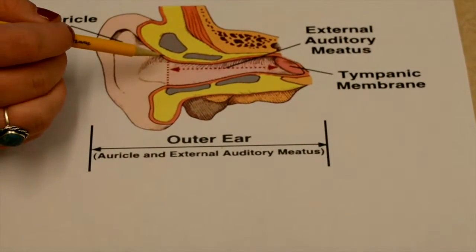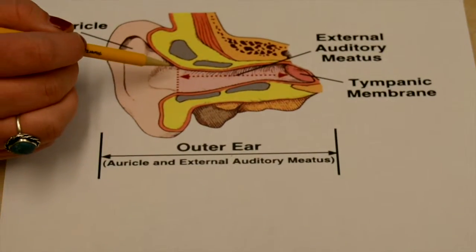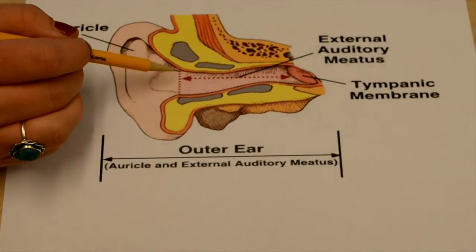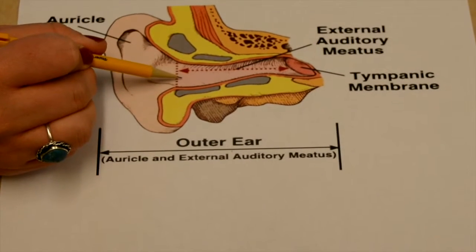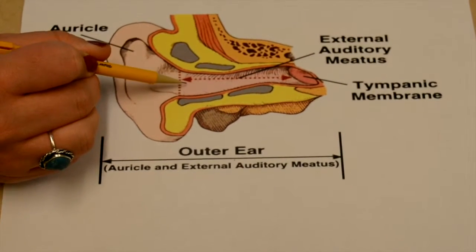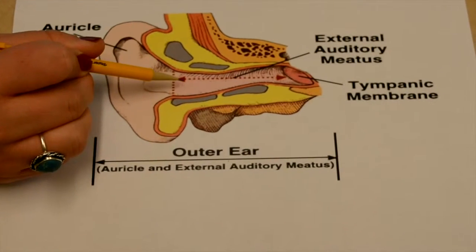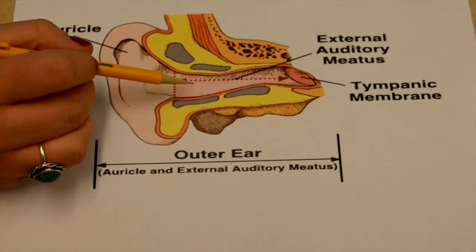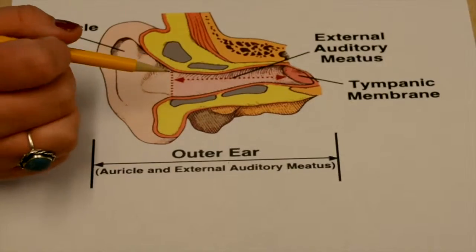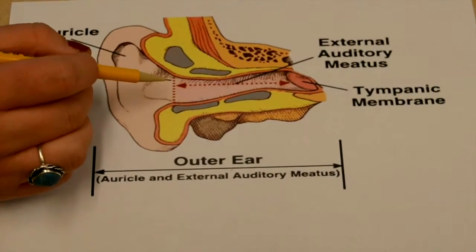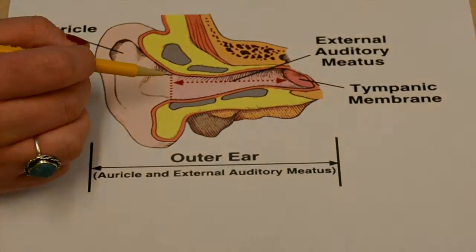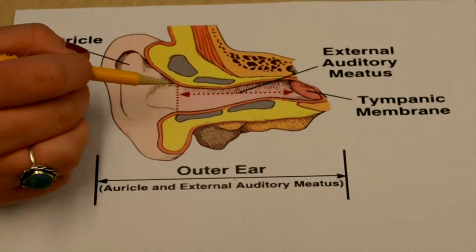It also amplifies speech frequencies from around 2000 to 7000 Hertz. The external auditory meatus is where serum glands are found and wax is produced. Cerumen, or wax, is very important because it protects our auditory system from foreign objects and helps in the natural cleaning process of the ears.